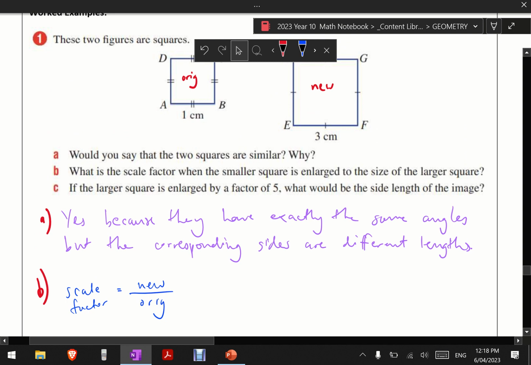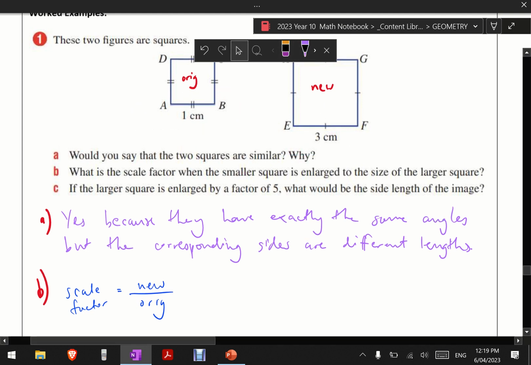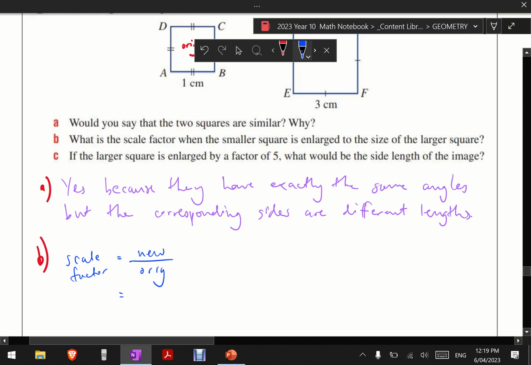So with the new shape on top and the original shape on the bottom, make sure you use the correct corresponding sides. In this case, I might use EF divided by AB, their corresponding sides. So in my formula, I would write EF divided by AB.